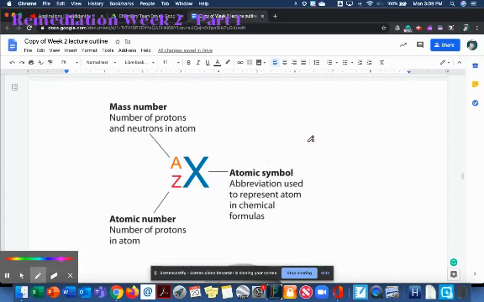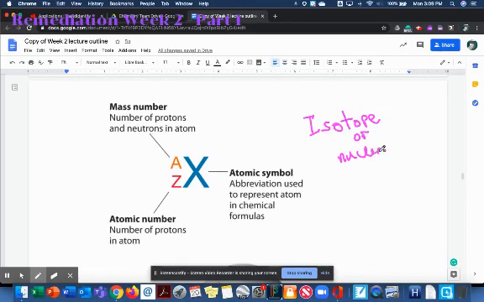And so sometimes this is called the isotope, or nuclear notation. And so it has some basic parts.